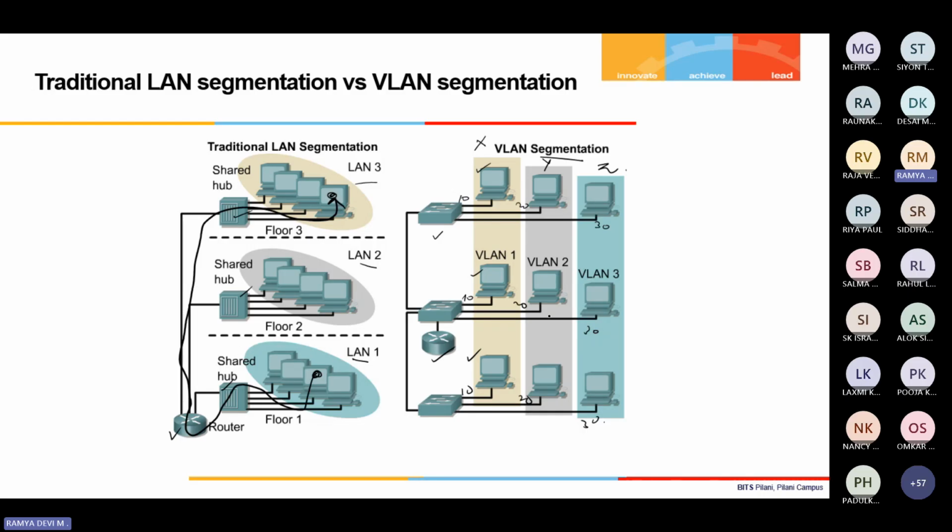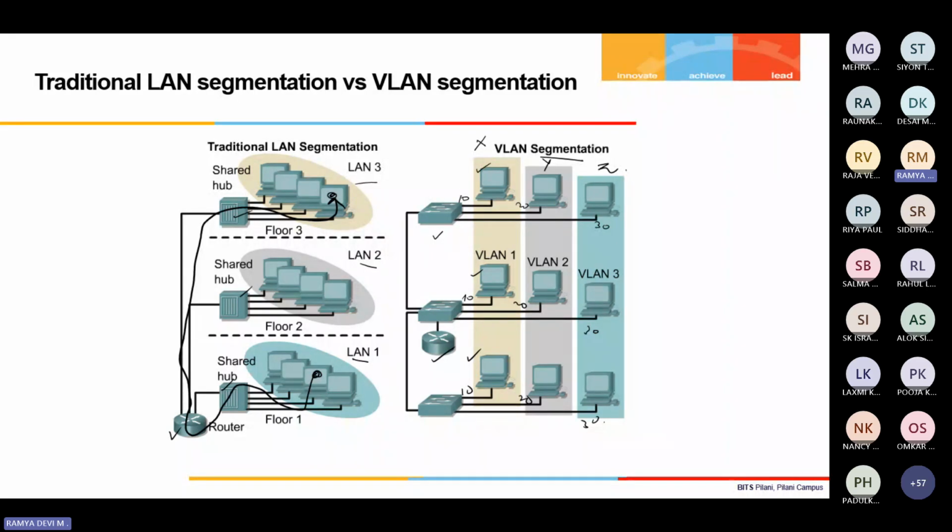Grouping can be based upon logical needs, not the physical layout. Each VLAN behaves like a separate network. Even if it is on the same switch, it is logically separated. So VLANs are more flexible, secure, and scalable when compared to traditional LAN segmentation.